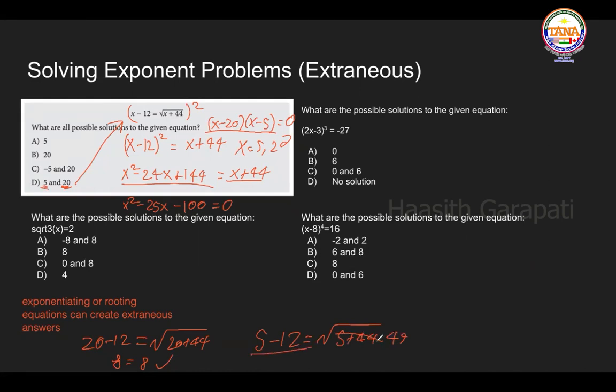But on this side, 5 minus 12 is negative 7, which is equal to 7, which is not right. You see the problem here? 5 is not an actual answer because even though it seems like it works algebraically, it won't work if we apply it realistically. So in this case, the only correct option is B, 20.